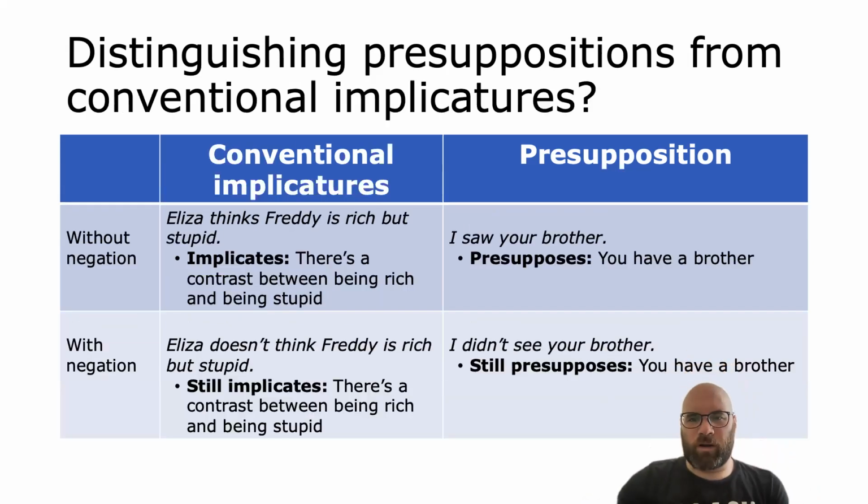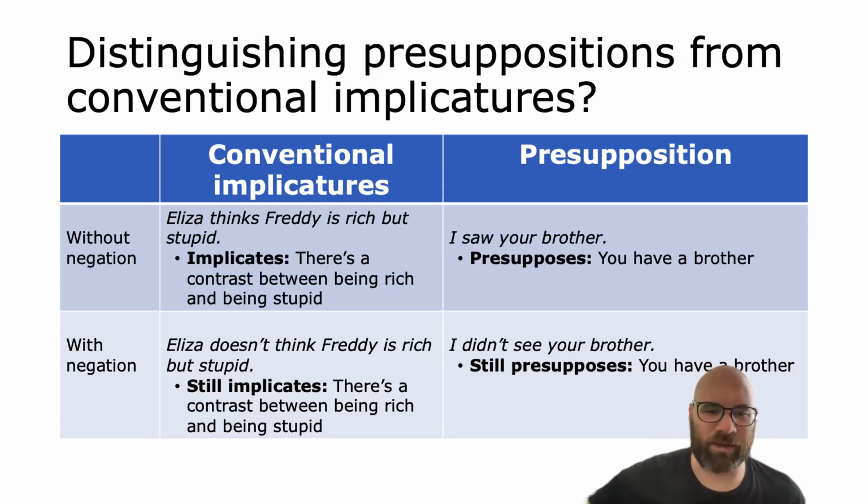Like we've seen before, presuppositions don't flip under negation. "I saw your brother" or "I didn't see your brother" have the same presupposition. They both presuppose that you have a brother. But this doesn't help us tell presuppositions apart from conventional implicatures because conventional implicatures have the same property.